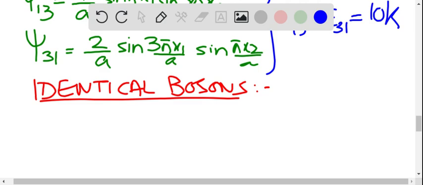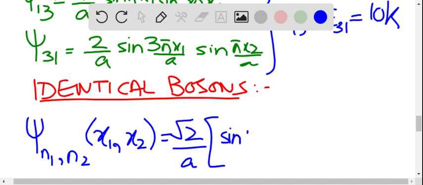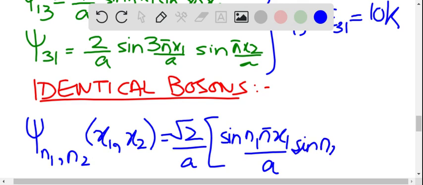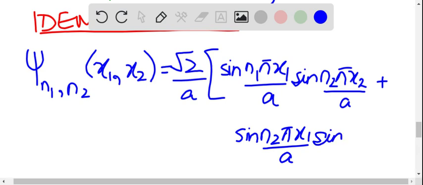For an identical boson, the total wave function is written in this equation: wave function psi n1, n2 of x1, x2 is equal to root 2 divided by a, square bracket, sine n1 pi x1 divided by a sine n2 pi x2 divided by a, plus, I'm going to write the next term in the next line, sine n2 pi x1 divided by a sine n1 pi x2 divided by a, right?